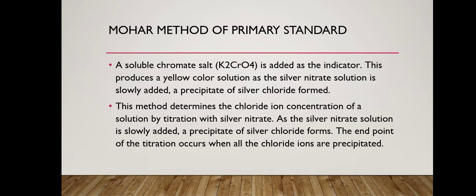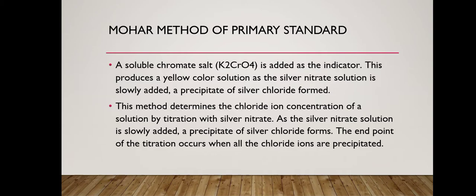Mohr method of primary standards. Because Mohr is one of the most important examples of primary standard. A soluble chromate salt, K2CrO4, is added as the indicator. This produces a yellow colored solution as the silver nitrate solution is slowly added.